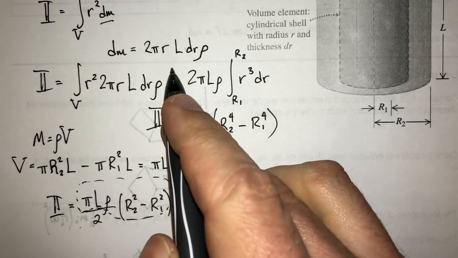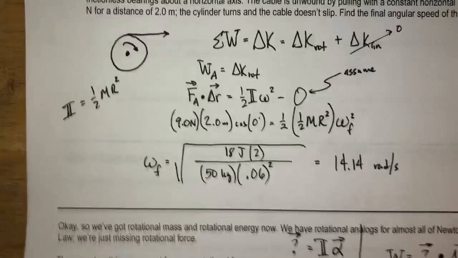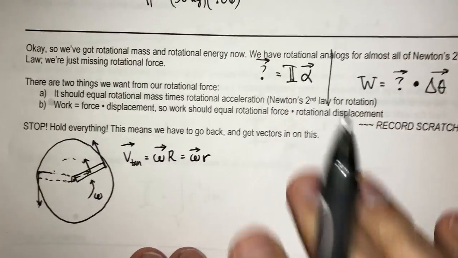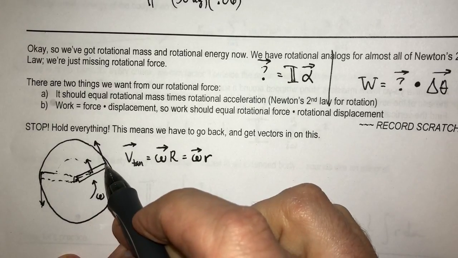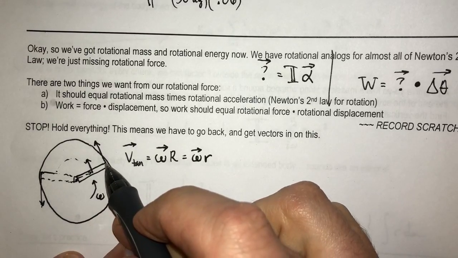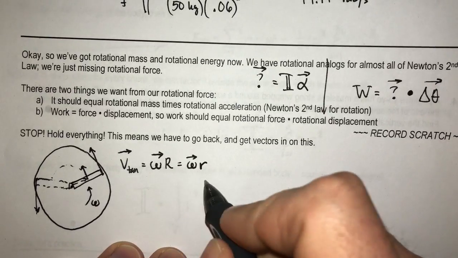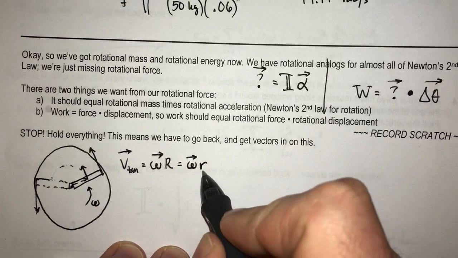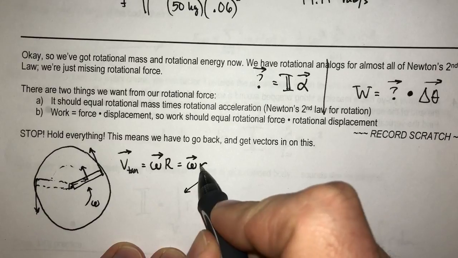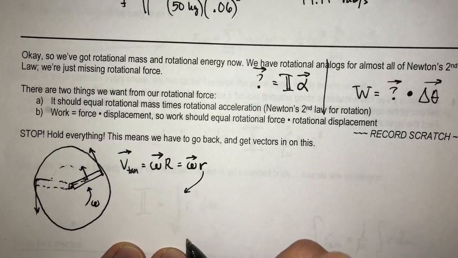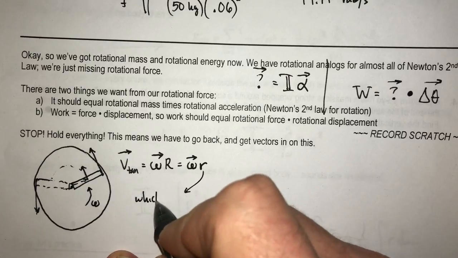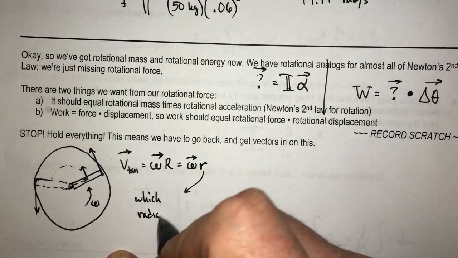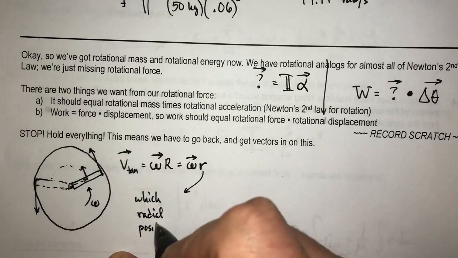It could be anything from zero all the way to capital R. In other words, I want this variable to do the job of answering the question, which radial position are we talking about?